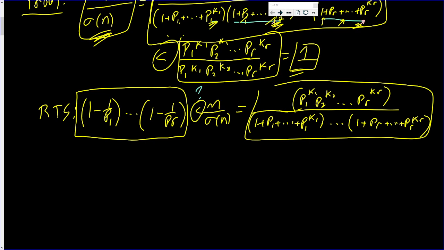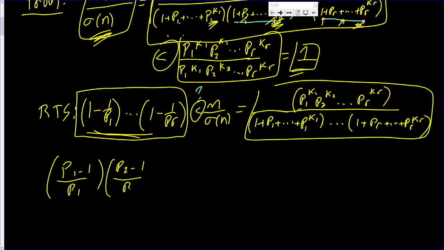Now everything is positive, so I can move factors around and the inequality won't change. Now I'm going to rewrite this. That's the same as p1 minus 1 over p1 times p2 minus 1 over p2 all the way down to p r minus 1 over p r.